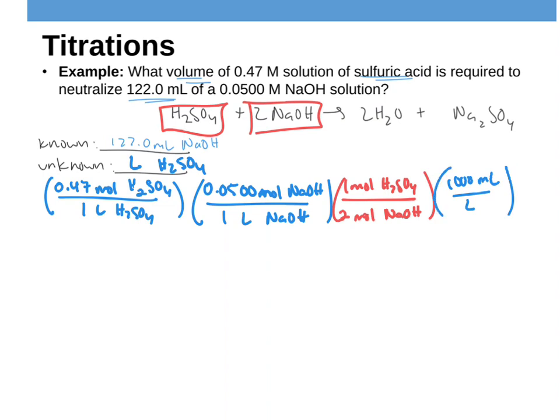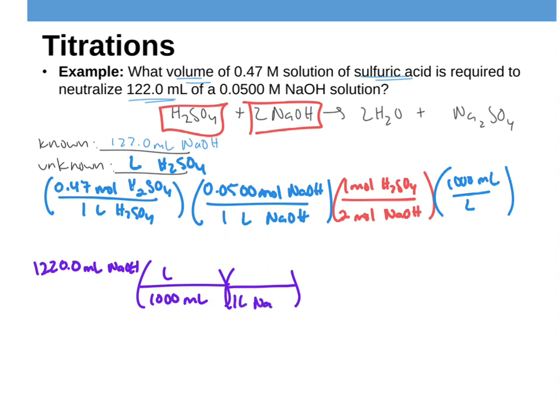And let's see where we can get. So, starting amount, 122.0 milliliters of NaOH. I once again know that there's 1,000 milliliters in a liter. For every 1 liter of the NaOH, apparently there is 0.0500 moles of NaOH.